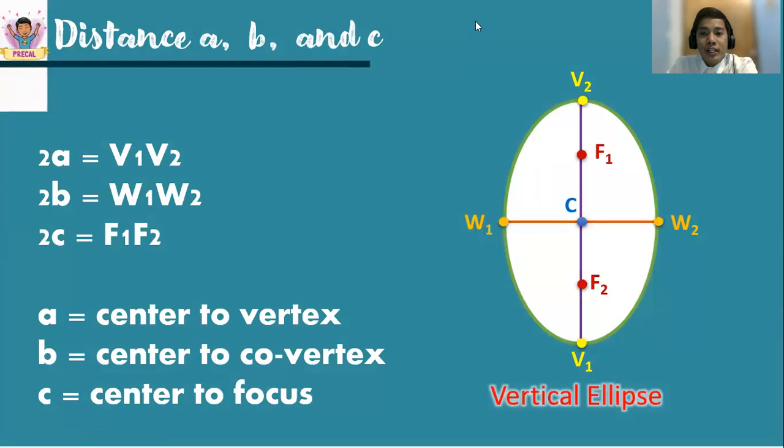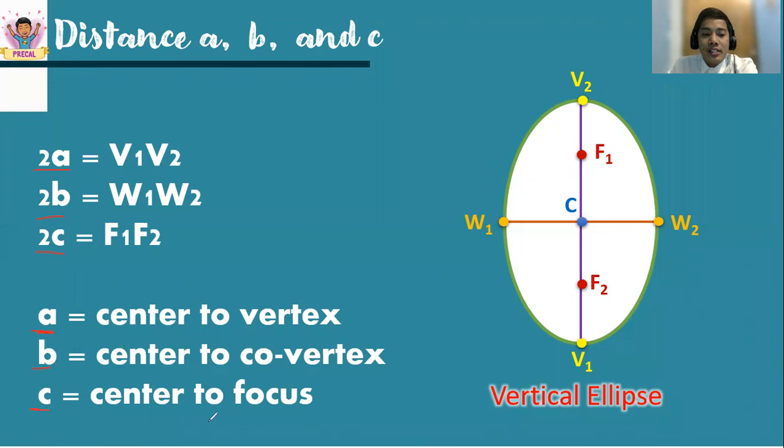So reviewing again, 2a is the major axis, 2b is the minor axis, 2c is from focus to focus. A is what we call our semi-major axis. B is our semi-minor axis, which is center to co-vertex.